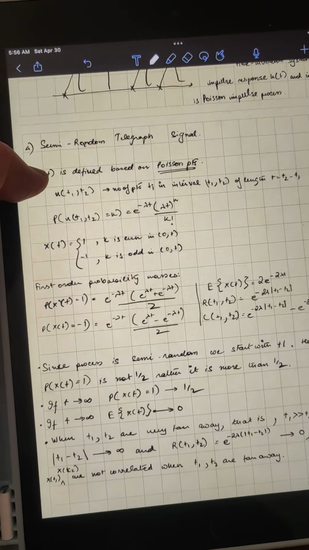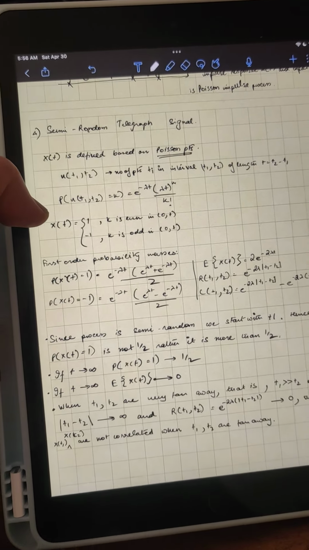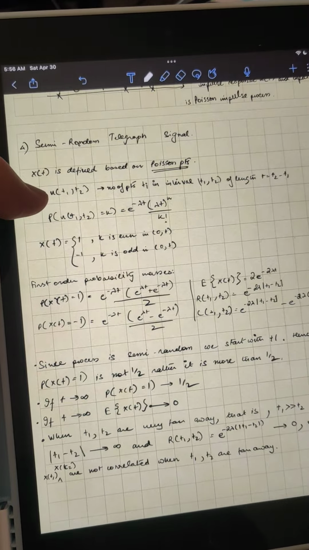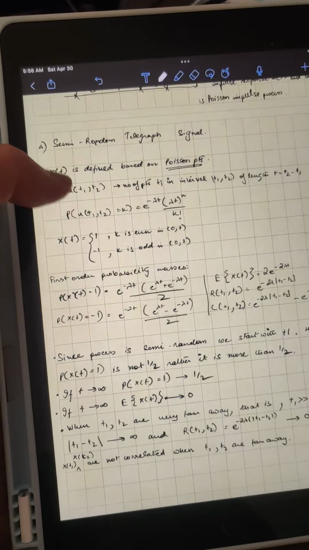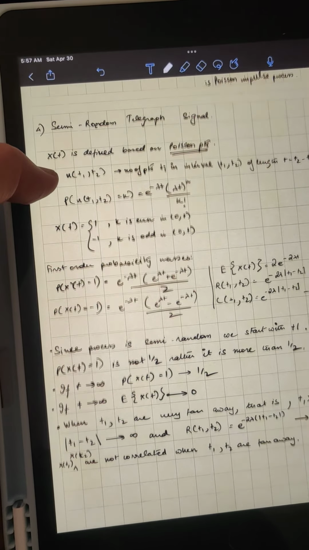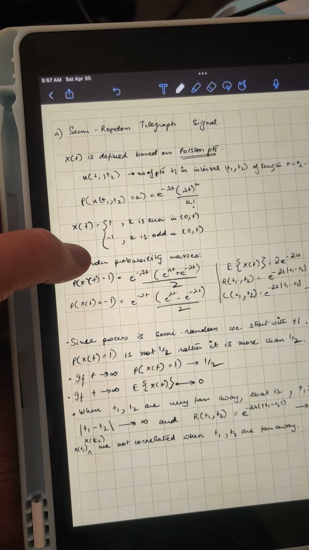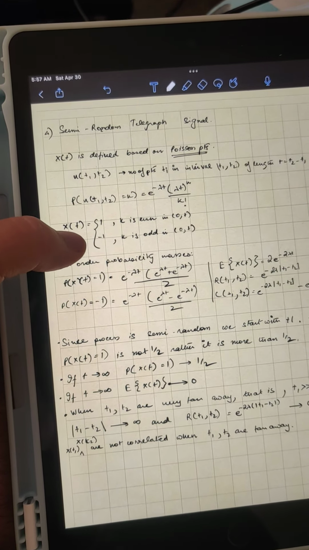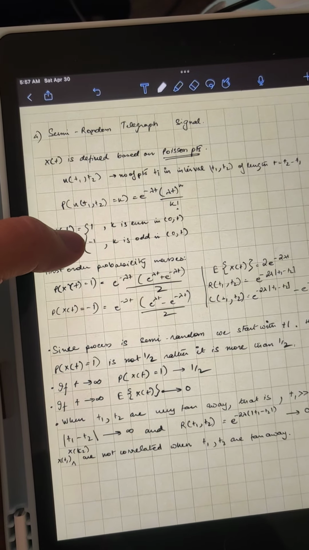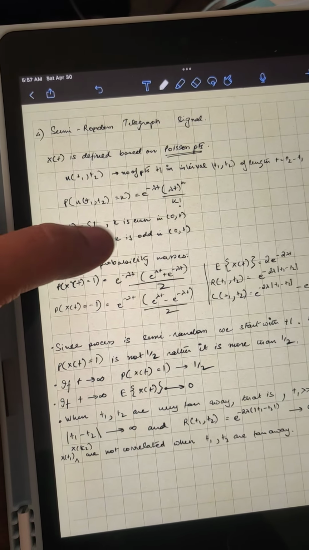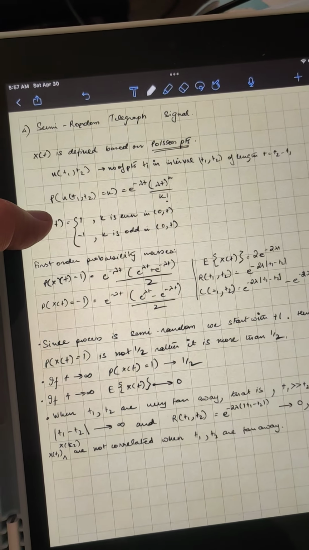So for semi-random telegraph signal, we know that it starts from +1, and for random telegraph signal it can start from +1 or -1. So xt, the telegraph signal, is defined based on Poisson points, and it's 1 when k is even in 0 to t, and -1 when k is odd between 0 to t, right?